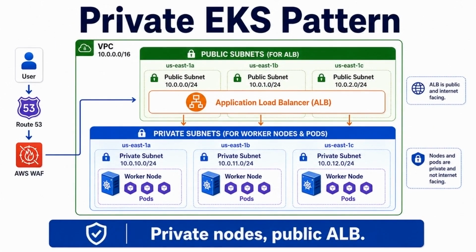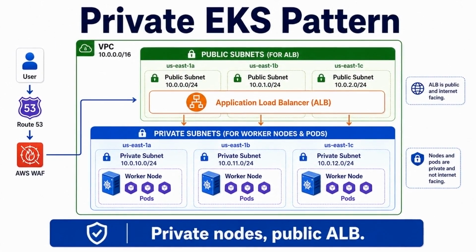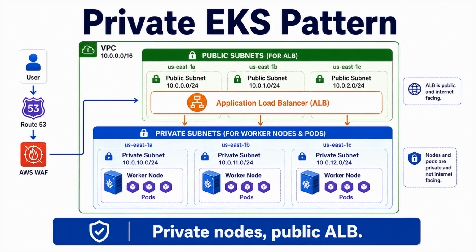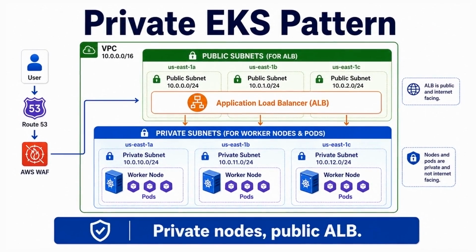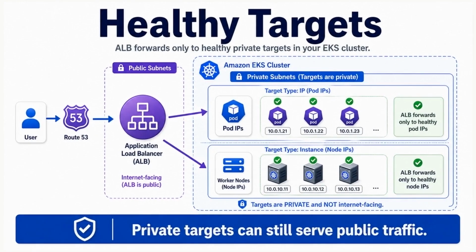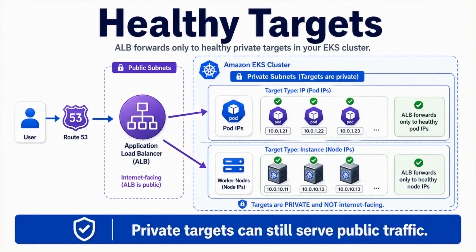A strong private EKS production pattern keeps worker nodes in private subnets, runs application pods on those private nodes, and only places the application load balancer in public subnets where internet-facing entry belongs. The ALB does not need your pods to be public. It just needs a permitted path to healthy targets.